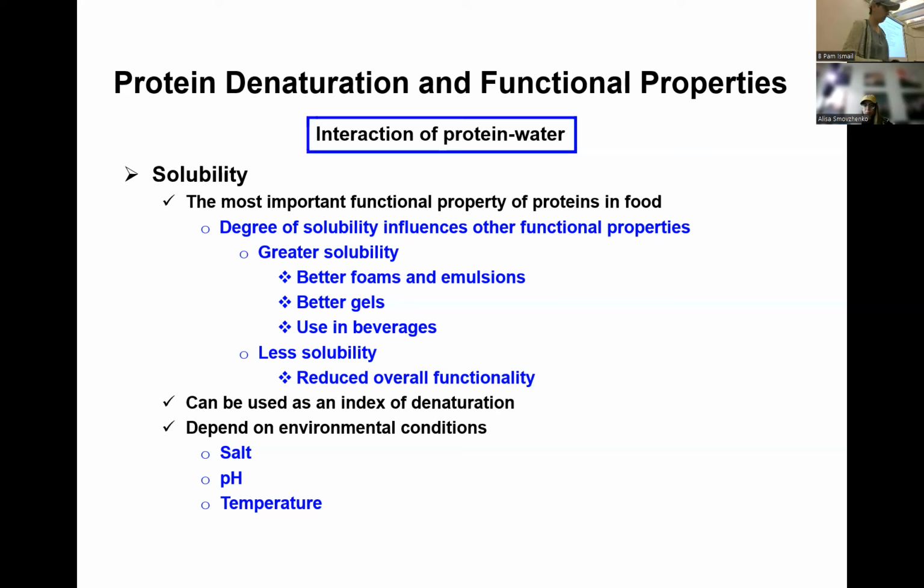That's why one of the key things we first measured is solubility. It can definitely be an index of denaturation. When we lose solubility, that's an indication of the protein not only denaturing but forming polymers. It's very much influenced by the environment. Okay.